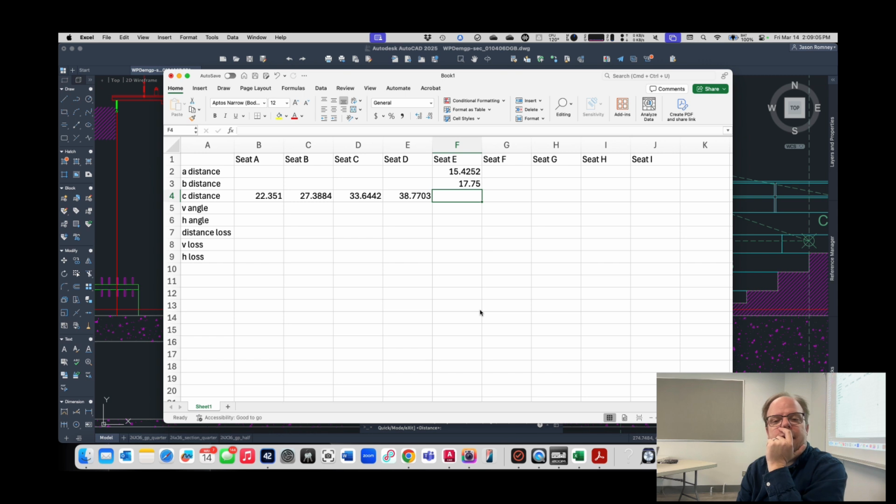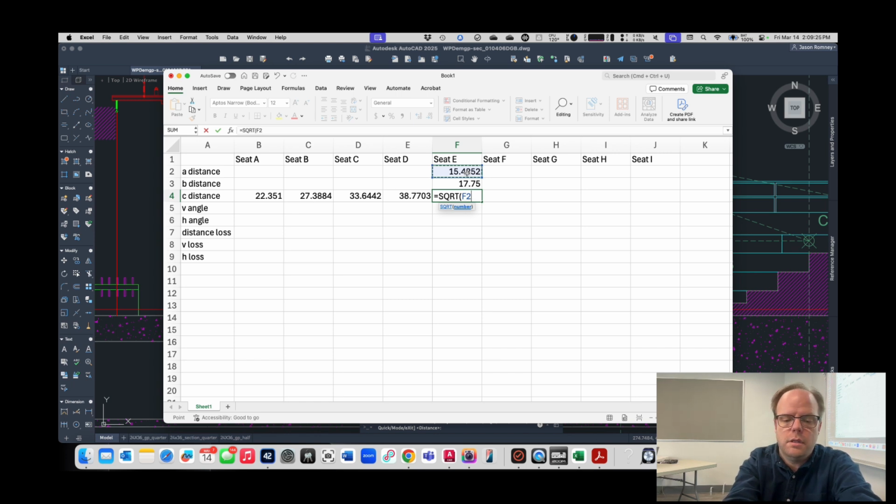Okay, so now to figure out C, I have to do that math. So I can use Excel to help me with this. So we can do a square root of that plus that squared.